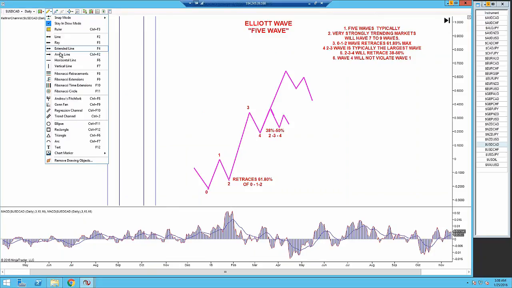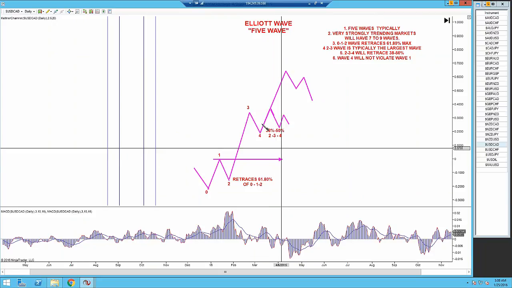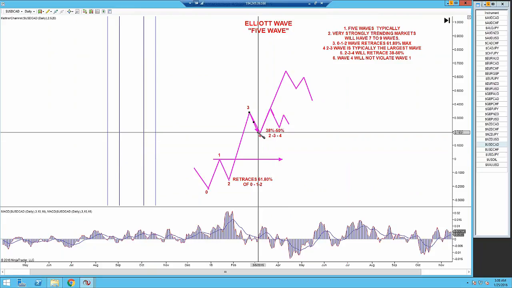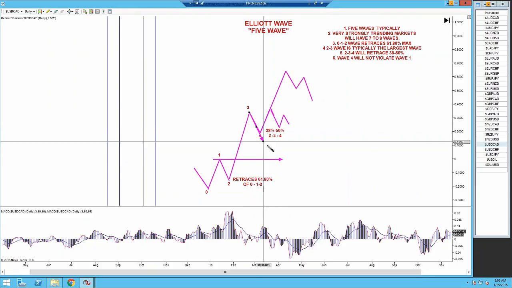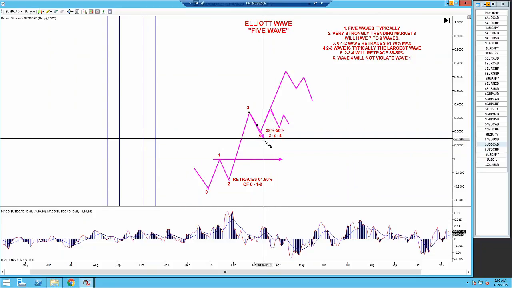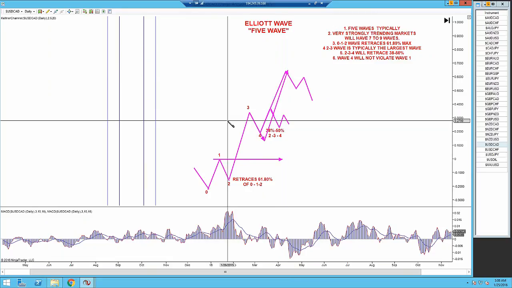Typically, when you have Elliott wave, this wave right here will not pass that. You guys get that? It will not pass that. So when this retraces, it has to stay above wave 1 to be valid. Okay?